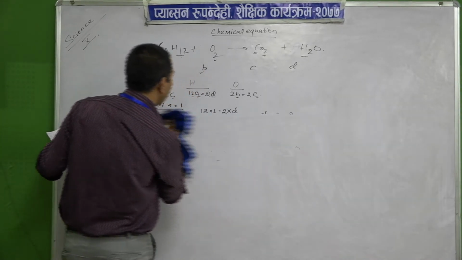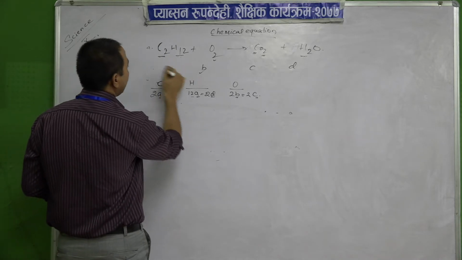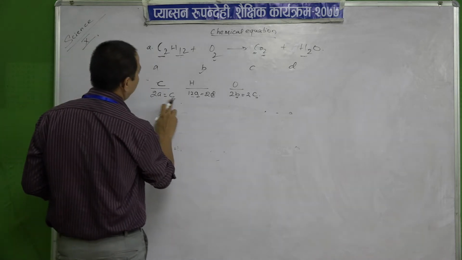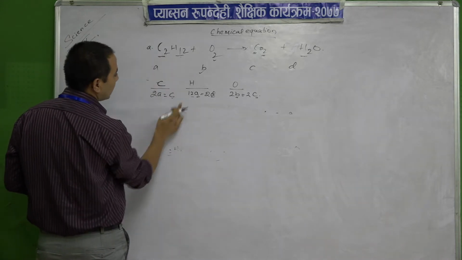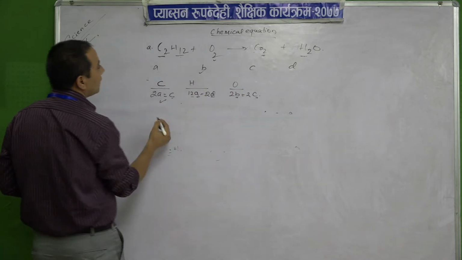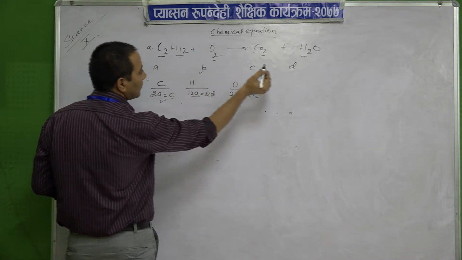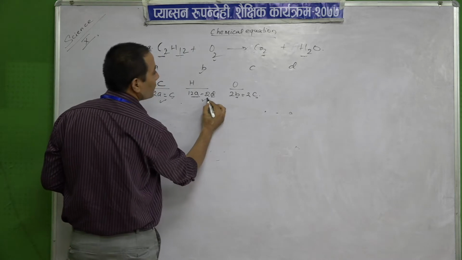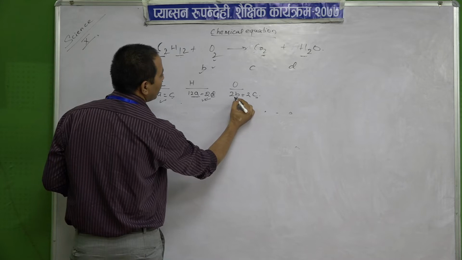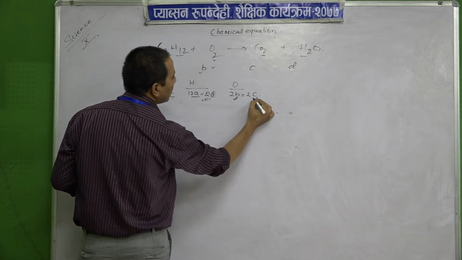Okay. So carbon: 1A, that is 2A equals C. It is okay. Then hydrogen: 12A equals 2D. It's okay. Then next, B: 2B equals oxygen 2C.